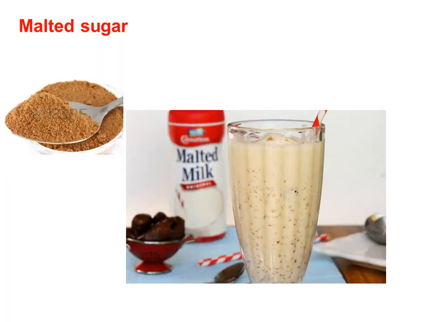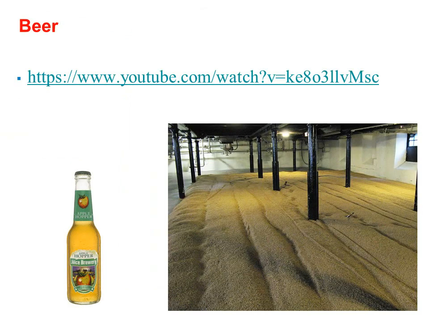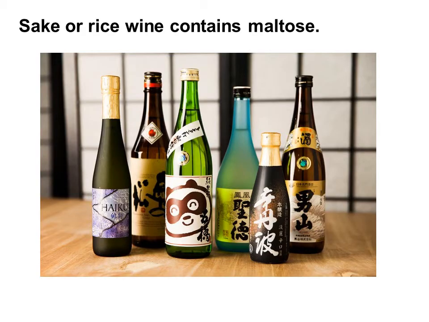This will be seen in malted sugars. It will also be seen in beer. It will additionally be seen in rice wine called sake. So all of these contain maltose.